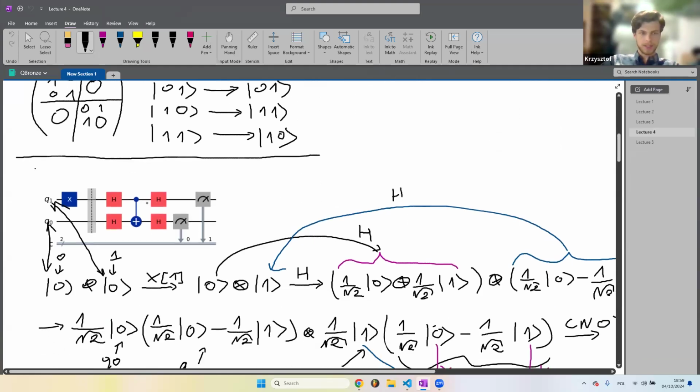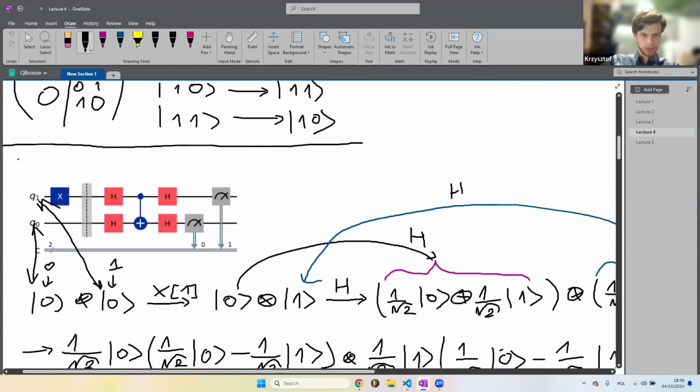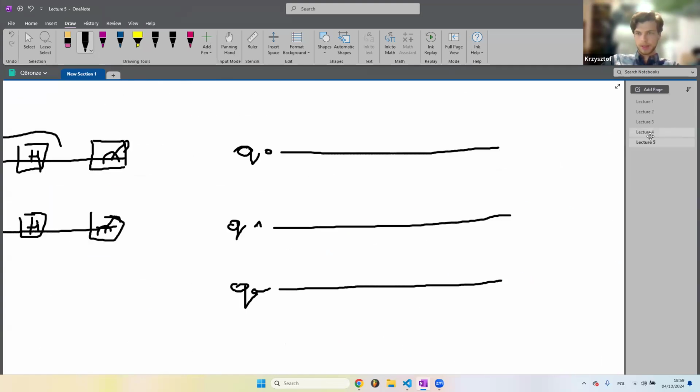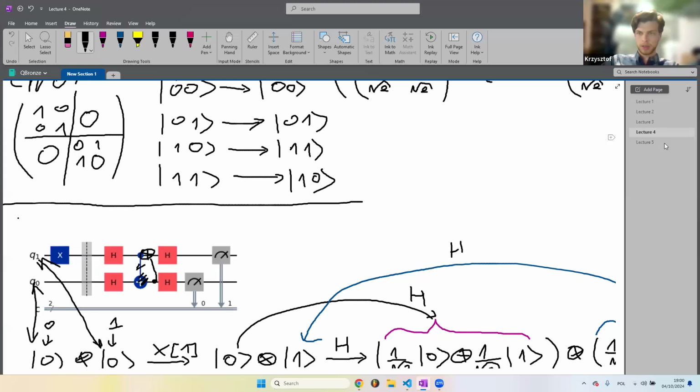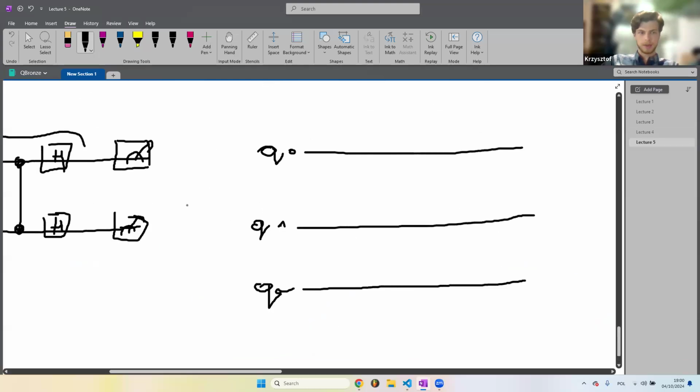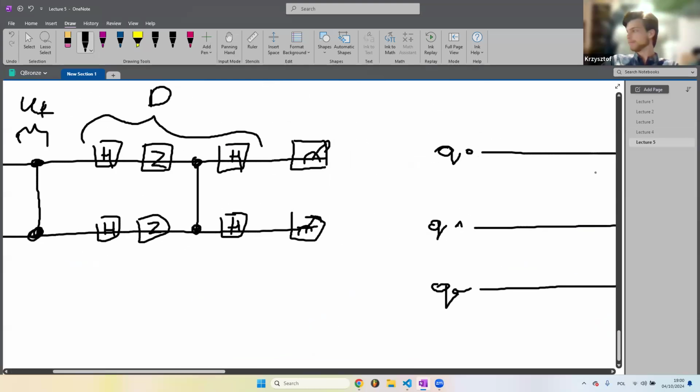You can remember the phase kickback, and here should be the plus state as we recalled from yesterday. So we will make use of this phase kickback phenomenon to implement a Control Z gate here.